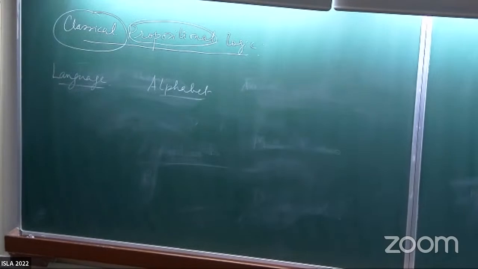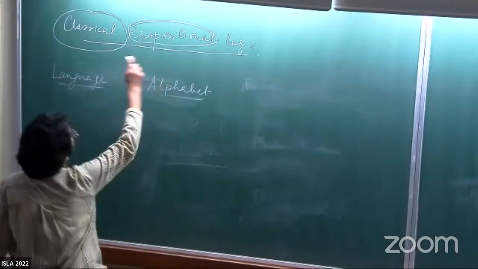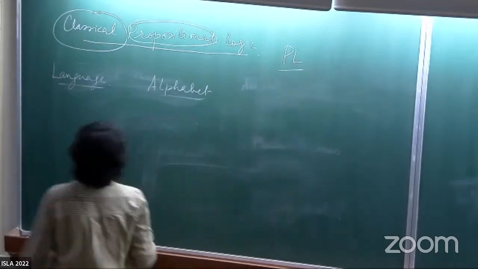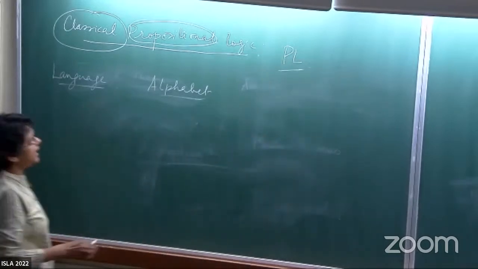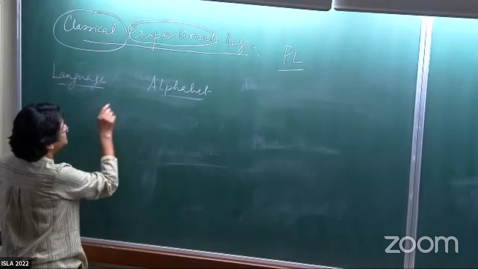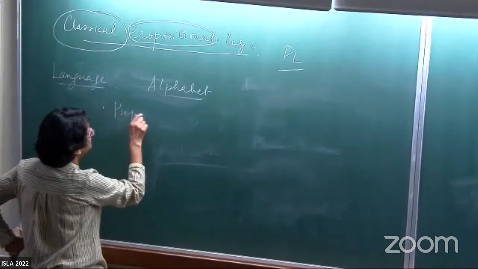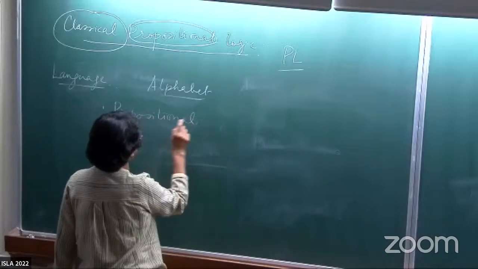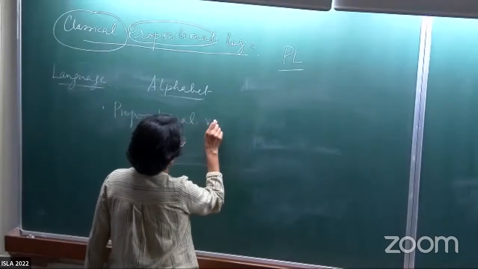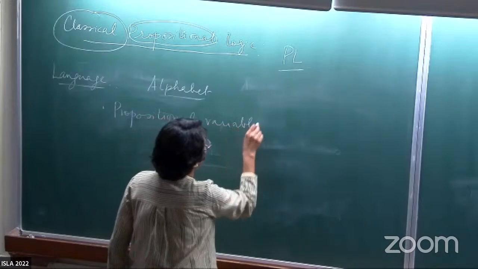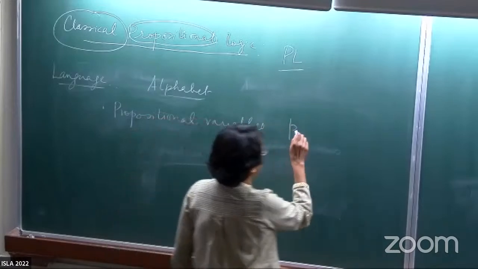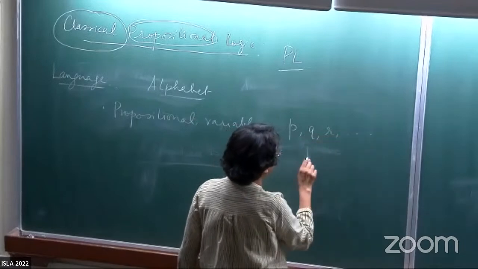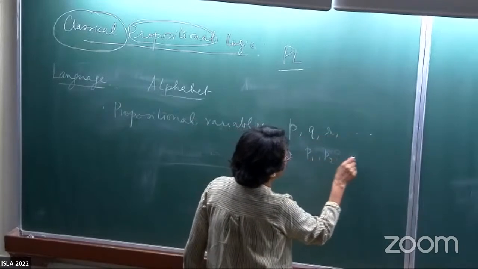The alphabet for PL, let me abbreviate this as PL, consists of propositional variables, which were the simple declarative statements, as I said earlier, denoted as, let's say, P, Q, R, or P1, P2, and so on.